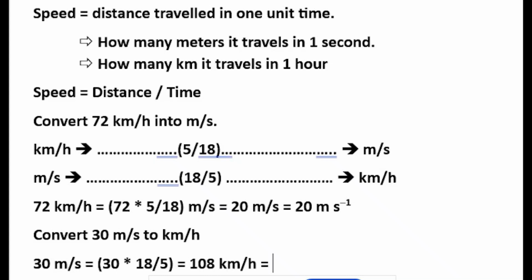But the correct way of writing should be 108 kilometer space hour and power -1. Always there will be a space between two units.